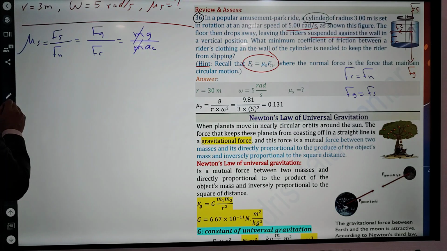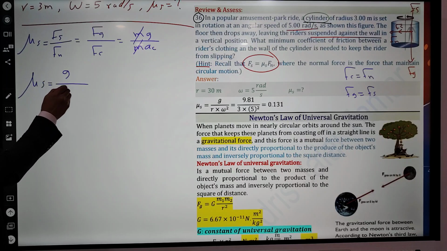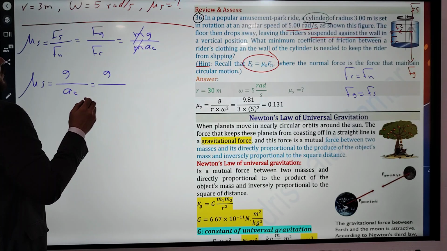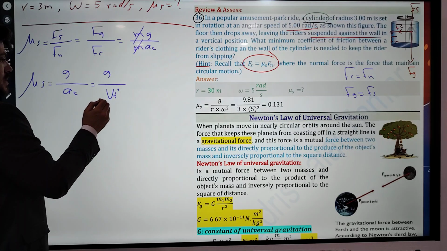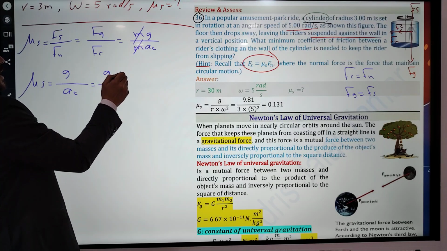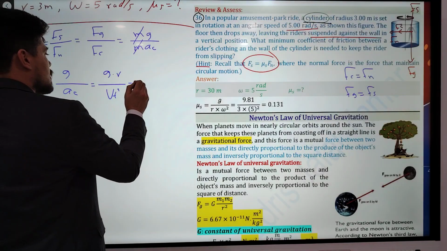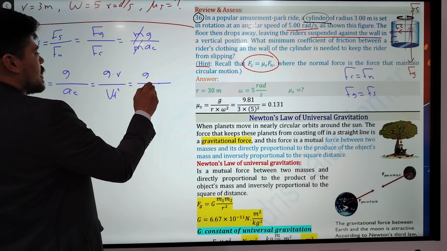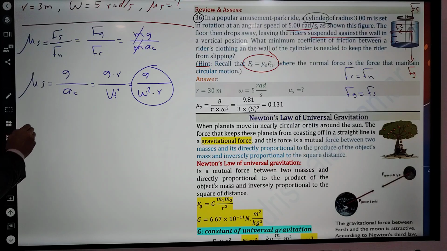The m with m cancel. What remains? g over ac. Can I use this equation? No, because we don't have ac. So that is why we have to convert. ac is equal to what? Vt squared over R. Vt squared over R, but this R goes upward, becomes gR over Vt squared, which is equal to g over omega squared R. Which equation can be used? This one.